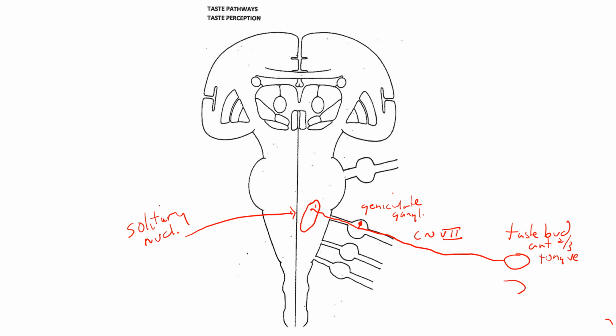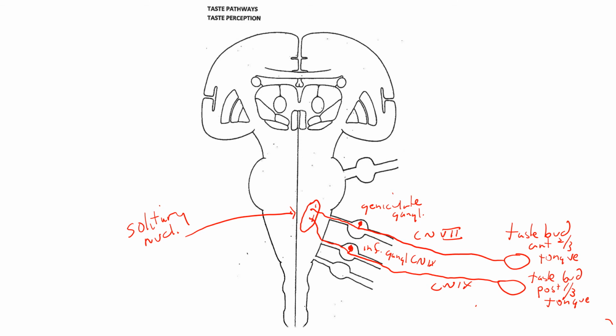Then I'm going to have a taste bud. This is going to come from the posterior 1/3 of the tongue. This is going to use cranial nerve 9. And its cell body is going to be located in the inferior ganglion of cranial nerve 9. It is going to project to the solitary nucleus.